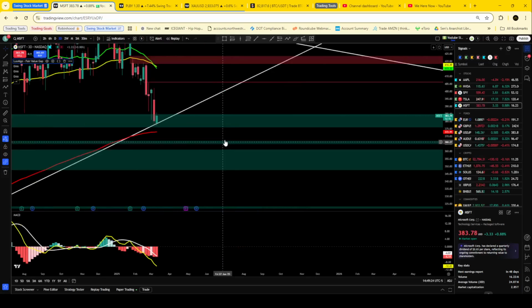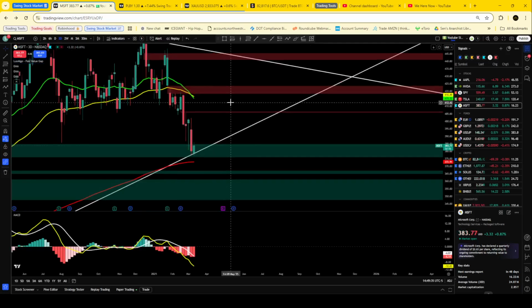On top of that, it is above the 200-day EMA, so that's a good thing as well. For Microsoft, I'll be looking to get in here, even though there's still one more day left.